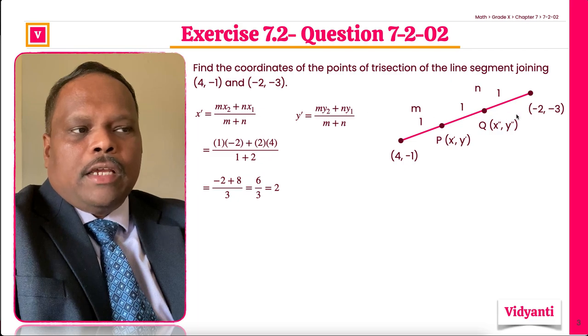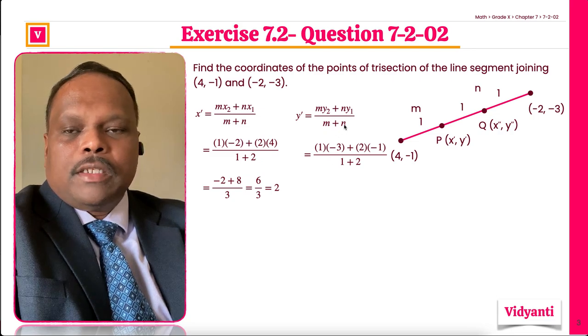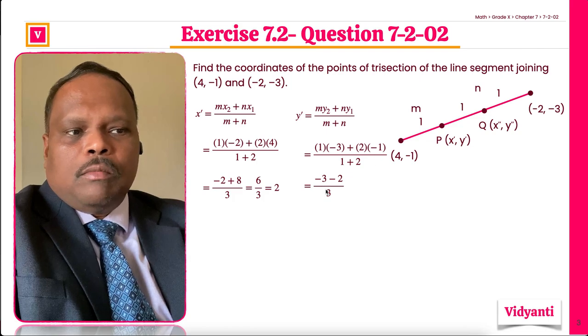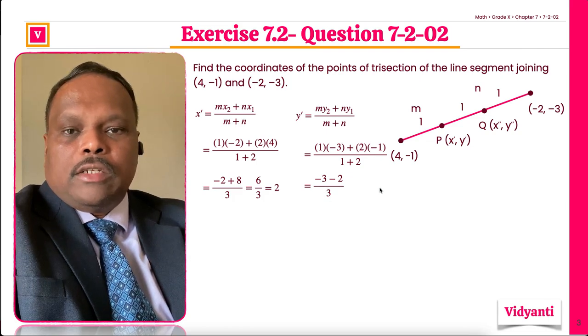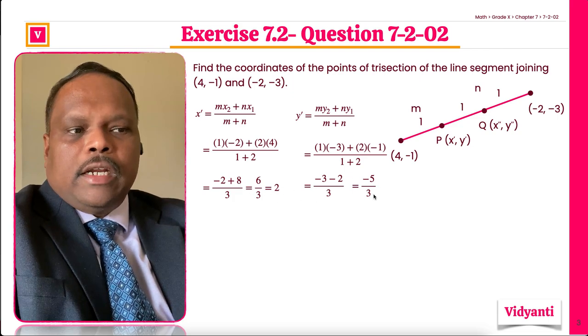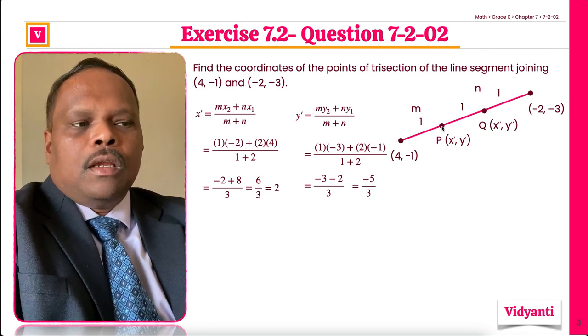So 1 times -3, plus 2 times -1, divided by 1 plus 2. Upon simplification, you get (-3 - 2), that will be -5 divided by 3. So (2, -5/3) will be the coordinates of the first trisecting point.